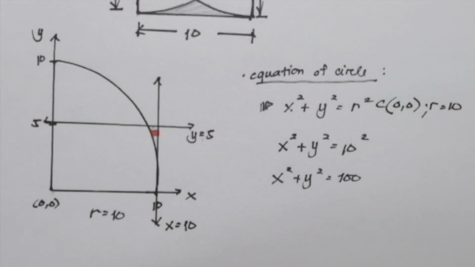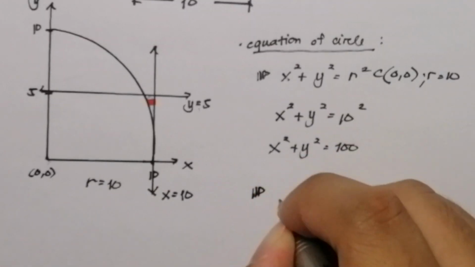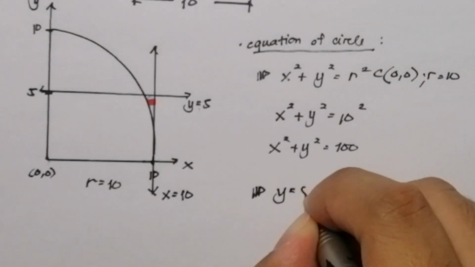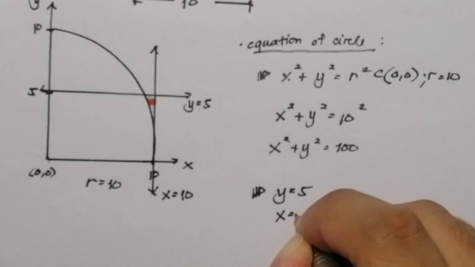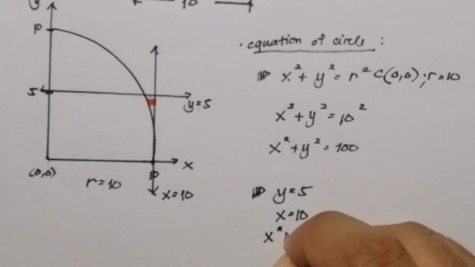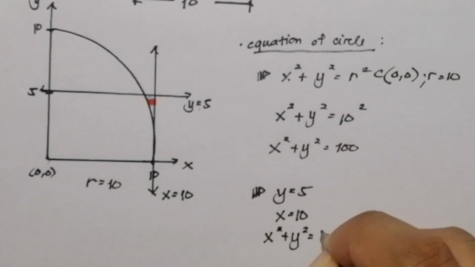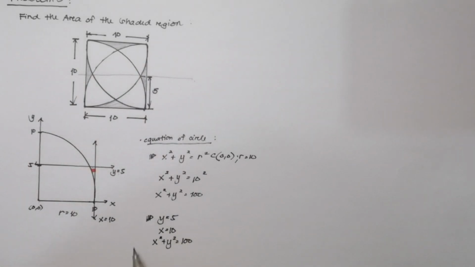So that will be our equation of the circle that has a center at the origin and a radius of 10. To summarize the lines and the points that we are going to use, we have y equals 5, x equals 10, and x squared plus y squared equals 100. Now we can solve for the unknown area.